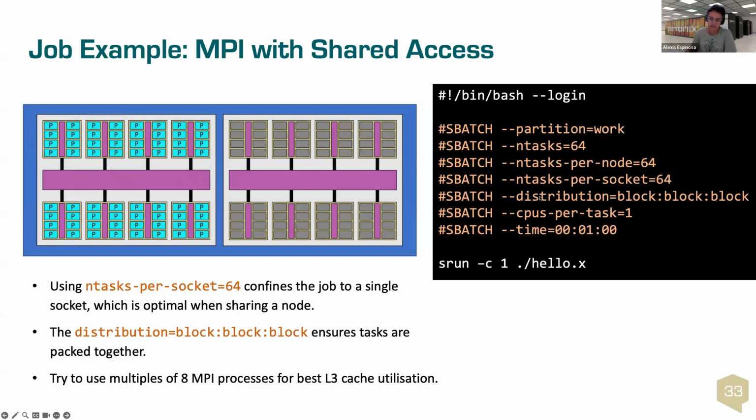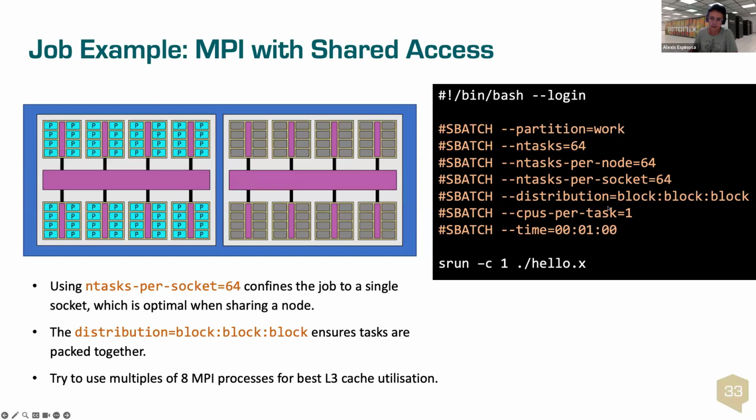Again, this is important to tell Slurm that Slurm needs to assign everything for this job all packed together. And then this is the way the allocation of resources is done. In this case, we are not asking for the whole node.